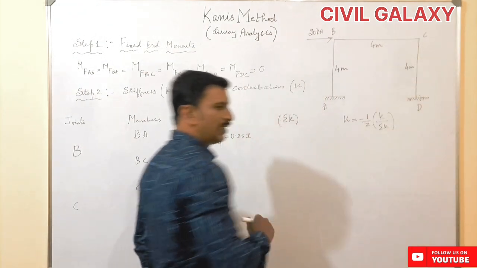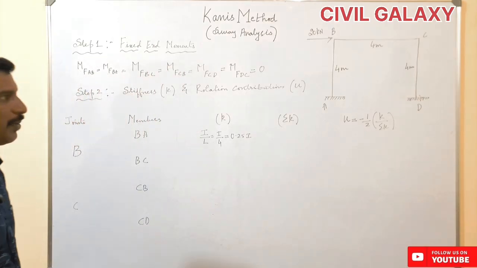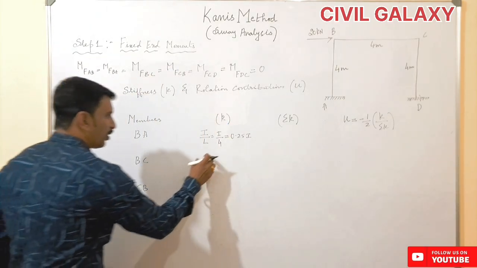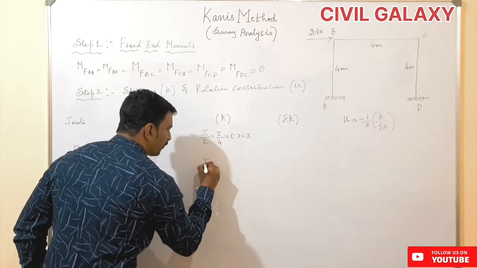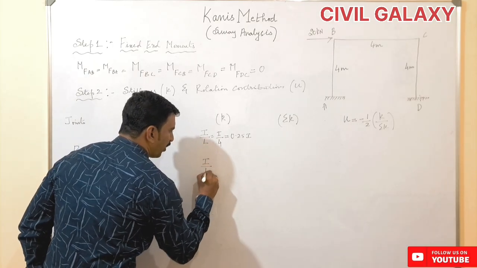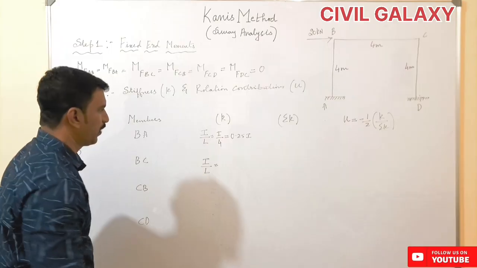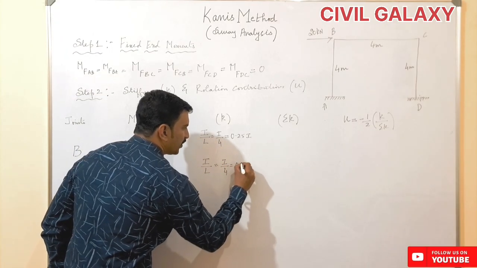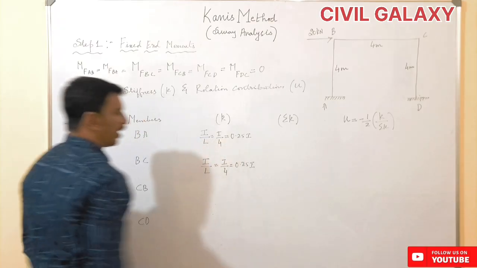Since the far end is an intermediate support, and an intermediate support is also considered as a fixed support, the stiffness value will be I upon L, which is I by 4, 0.25 I.